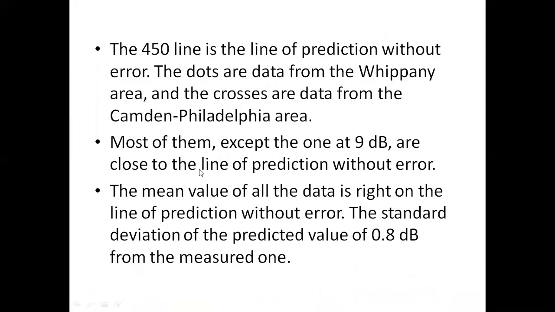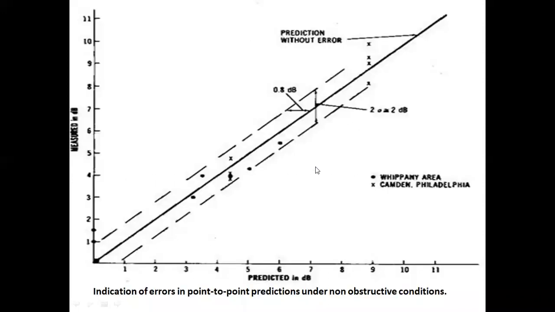Most of them, except one at 9 dB, are close to the prediction line. Except this point, all measured values are closer to the predicted values.